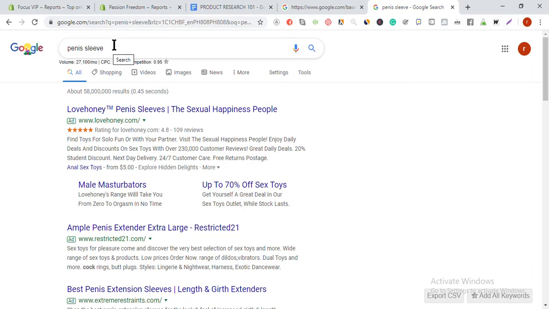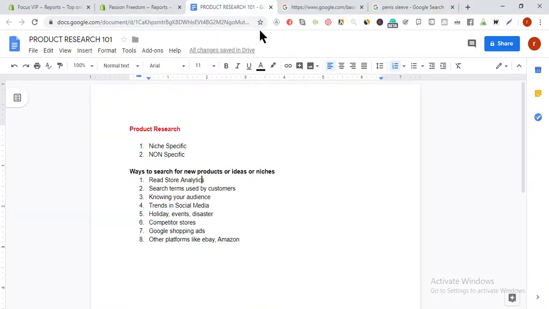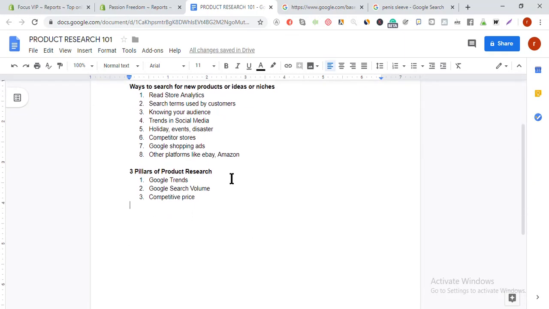So, as usual, we always recommend the three pillars of product research before deciding to test a new item to sell. The trends, the search volume, and the price, if it's competitive enough or not.